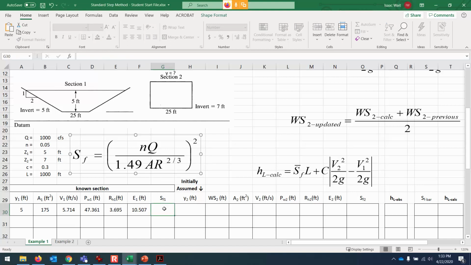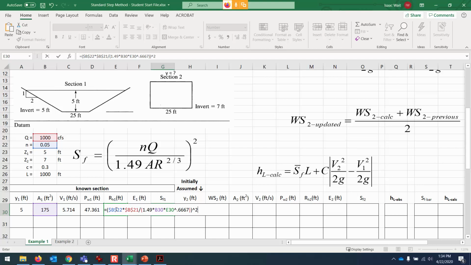And so let's have, first of all, the parentheses, n with the anchor, the reference there, times Q, and to anchor that reference, oops, divided by 1.49 times the area times the hydraulic radius to the power of 2/3, so 0.6667, and then all of that is going to be to the power of 2.